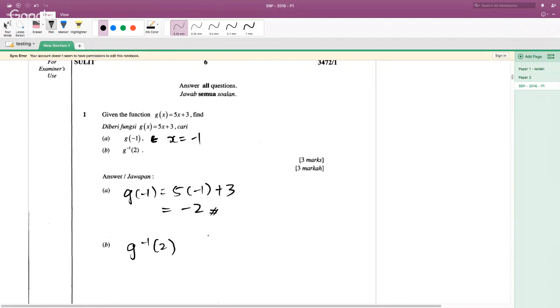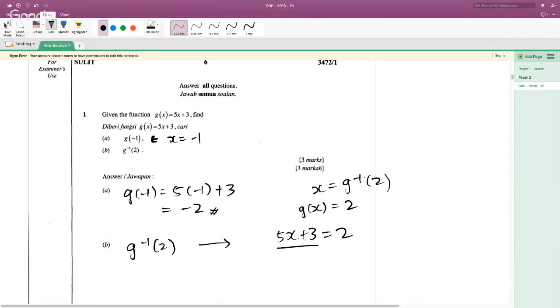Okay, this one, g inverse 2. G inverse 2 actually means 5x plus 3 equals 2, because it's the same thing. Why is it the same? We just assume g(x) equals 2, because 5x plus 3 is g(x). If I move my g to the other side, x actually equals g inverse 2, isn't it?